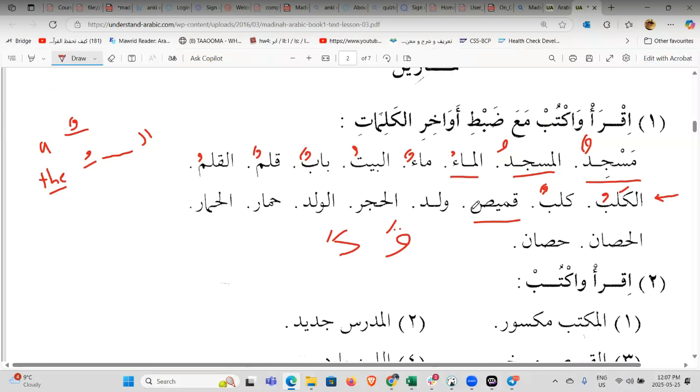Qamisun. Very good. Next one. Waladun. Very good. Next one. Al-Hajar. Can you read it with the ending? Al-Hajaru. Very good. Next one. Al-Waladu. Very good.